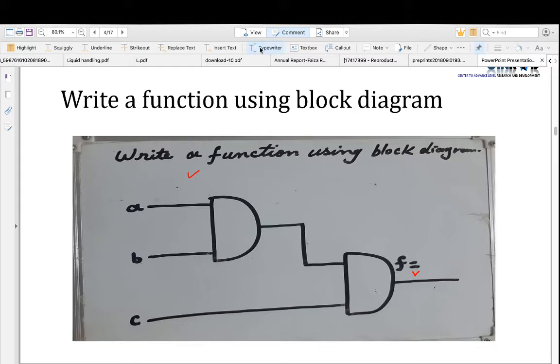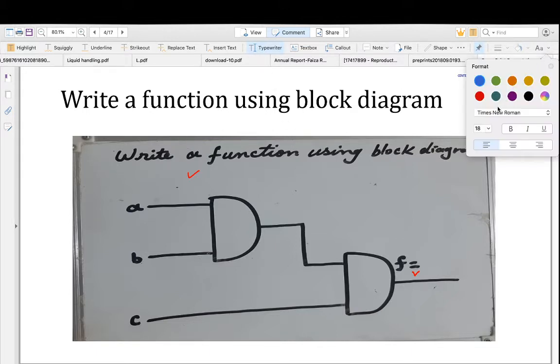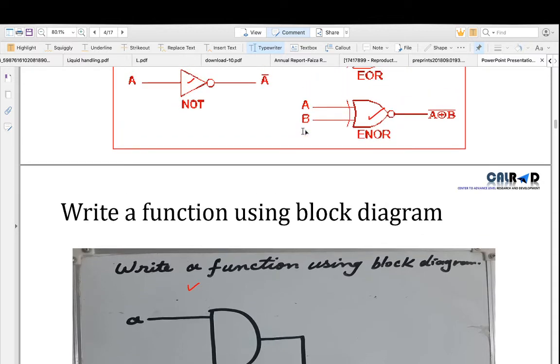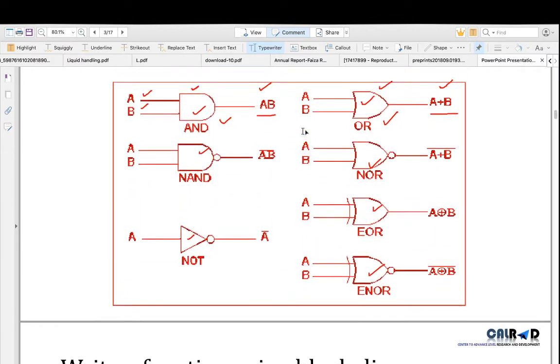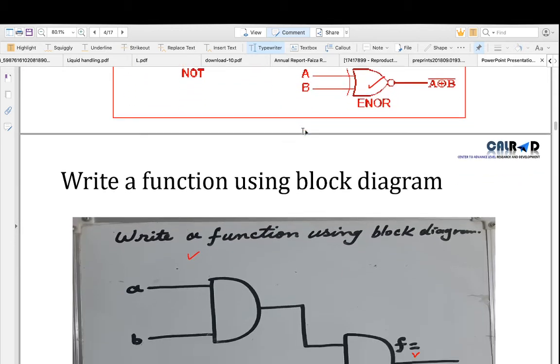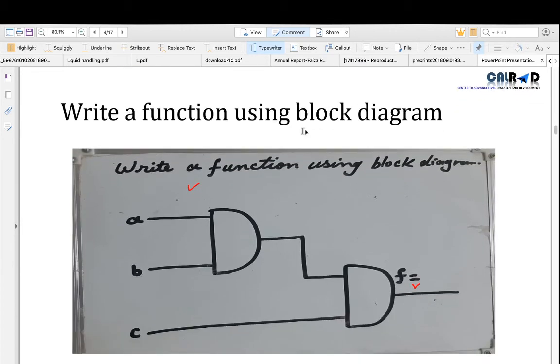The first step is that you should know the shape of these gates. First of all, we have to mark how many gates there are. There are two gates, and which are these gates?